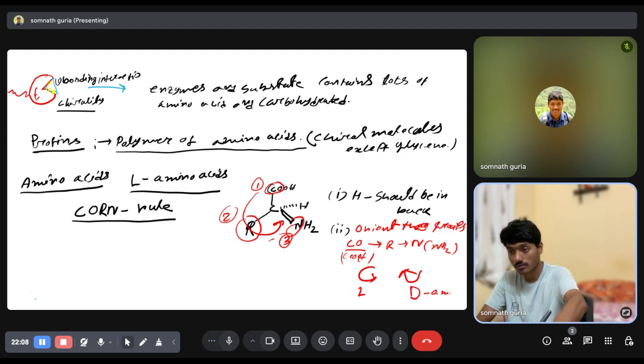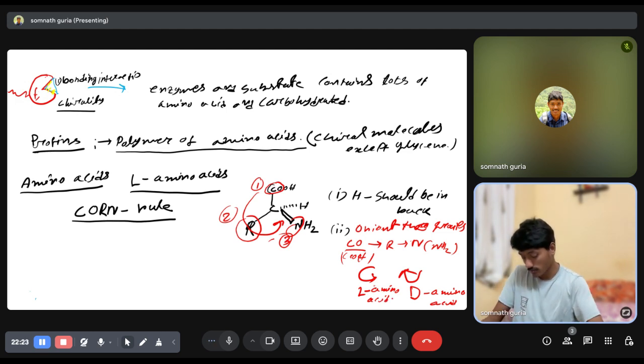D amino acid. So L amino acid. Okay, L amino acid. So now coming to what are all the amino acids present in nature? We have some list.